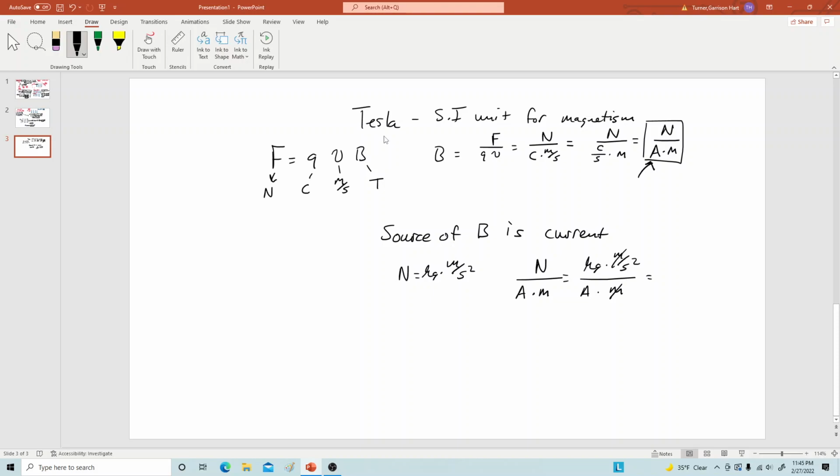Another way of thinking about magnetism, which may not be as informative as force and current and distance, is mass over current times time squared.